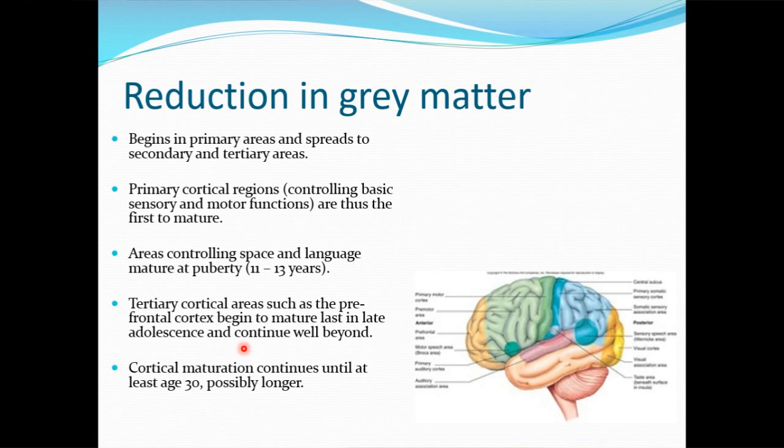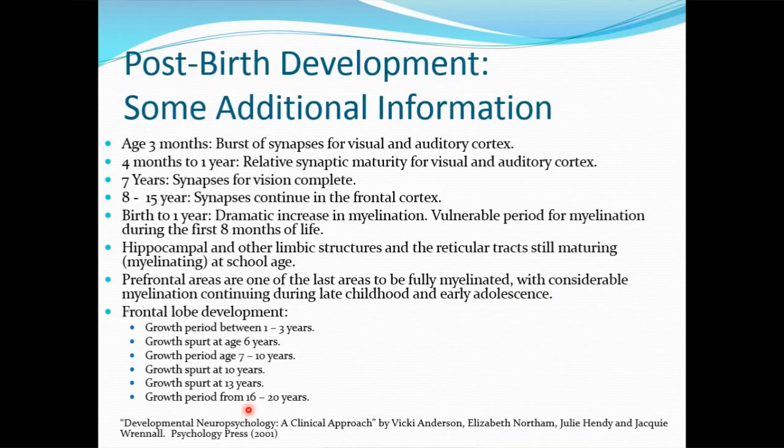So it's only late adolescence that your frontal cortex really becomes optimally functional. And cortical maturation continues until at least the age of 30, but possibly longer. Okay. So those of us who are older than 30, which I think is all of us, can say, well, we've got very mature brains that have done everything they needed to do.